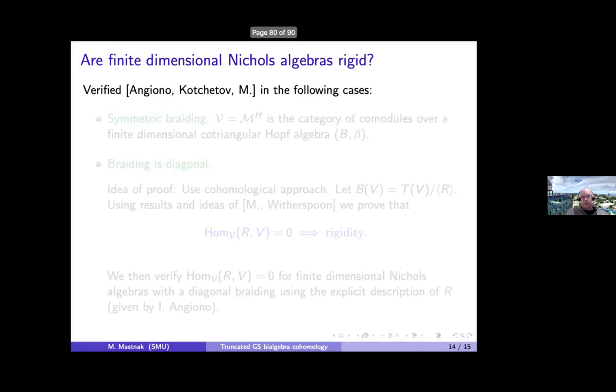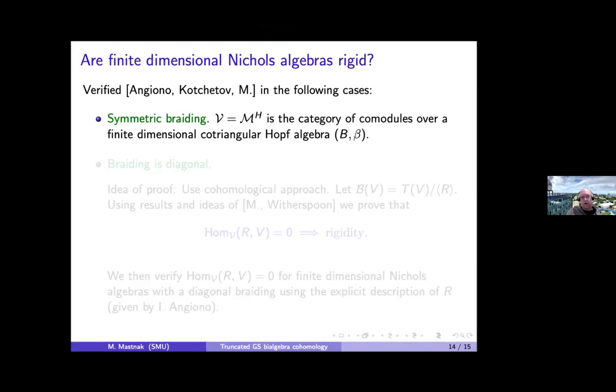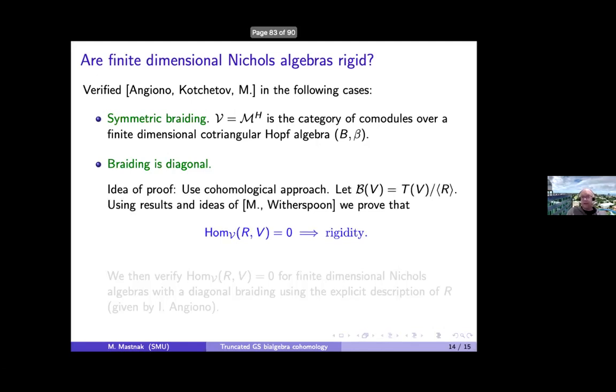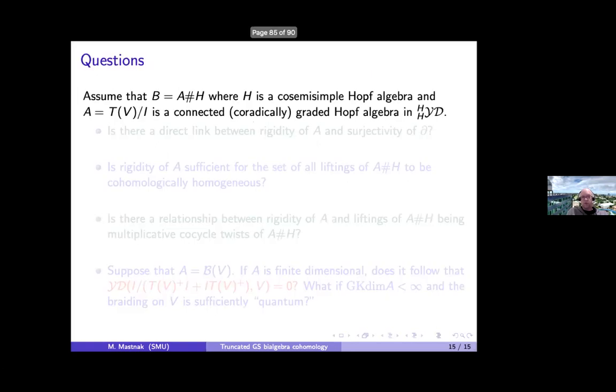Well, we don't know if all of them are rigid, but in previous work with Ivan Angiono and Misha Kochetov, we have shown that if the braiding is symmetric, coming from a finite dimensional cotriangular Hopf algebra, then this will always happen. And they will always be rigid if the braiding is diagonal. The idea of the proof is that the core is exactly the same cohomological condition as I discussed before. So let me leave you with some questions.